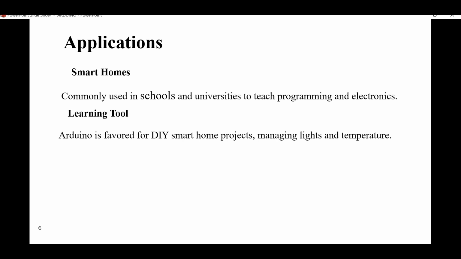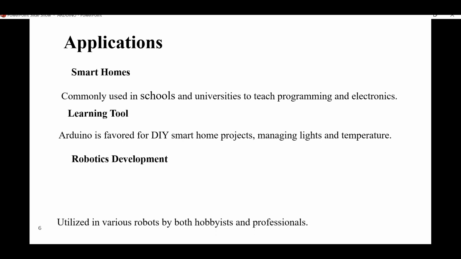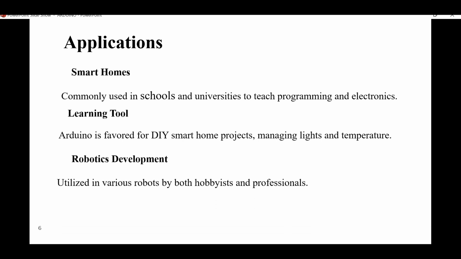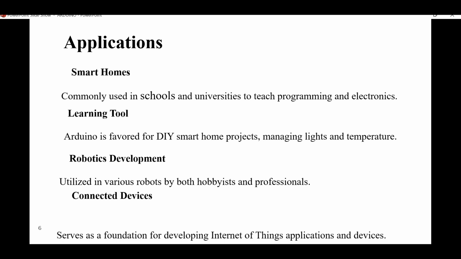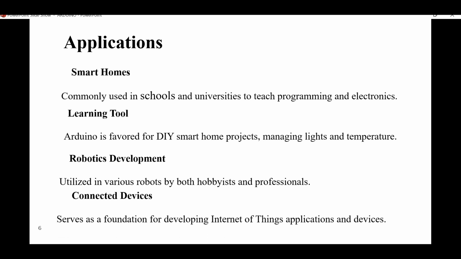And next, these are the applications we use in our daily life. And next, robotic projects also. We have robots like smart home, agriculture robot, earthquake robot, line following robot. Like that we have some of the robots. And connected devices, such as sensors, IoT applications, everything.